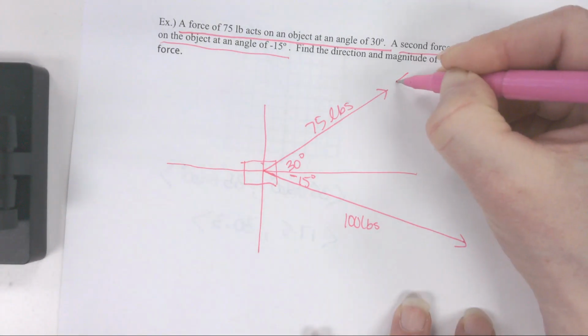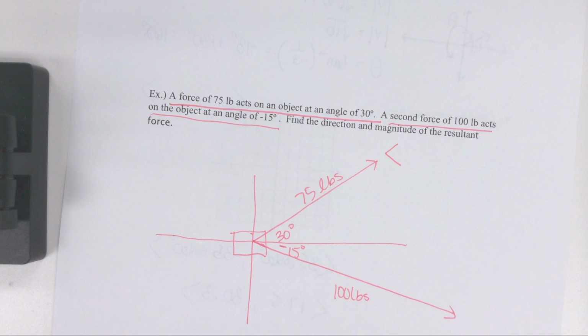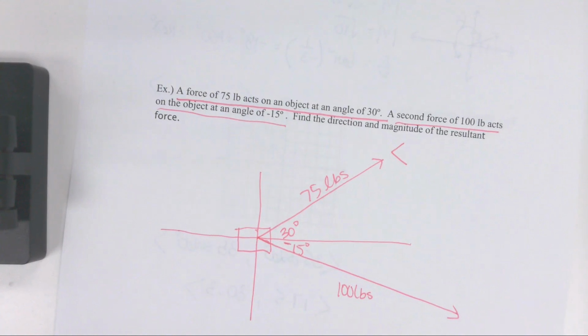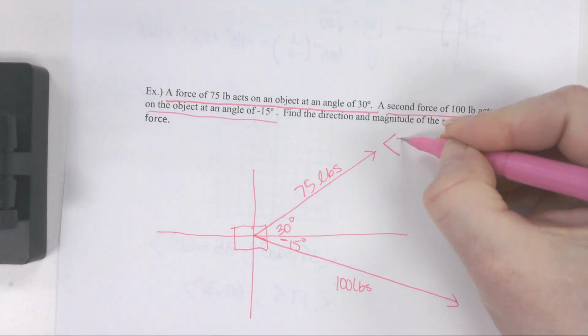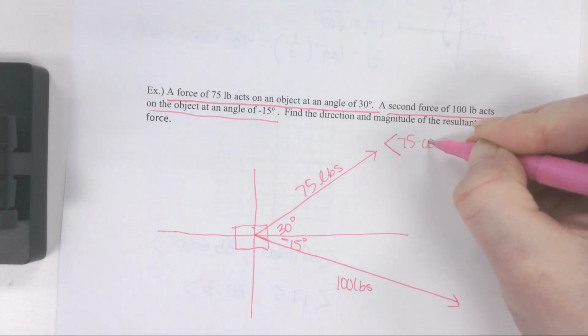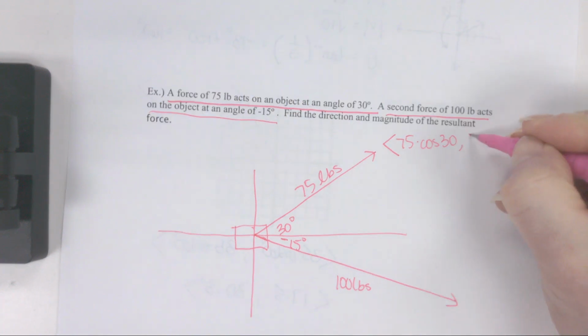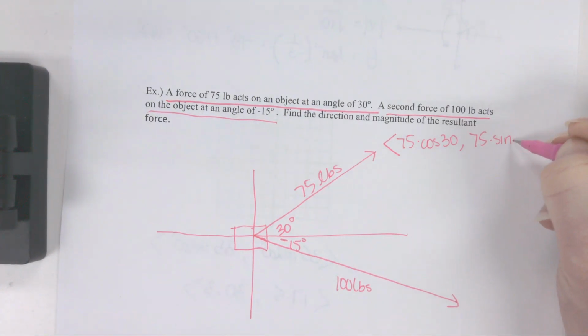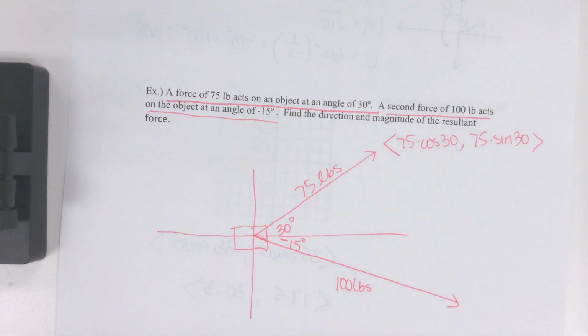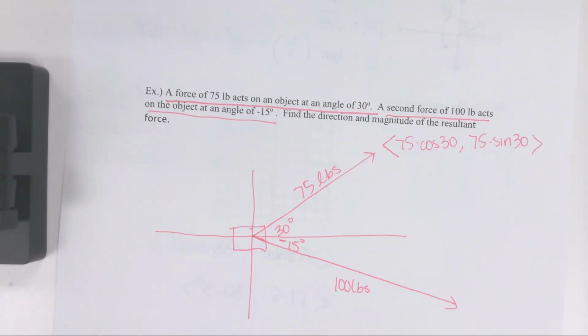I'm going to write my component form up here. How would I find the components of this one? 75 times cosine of 30? 75 times sine of 30. Don't do it yet.